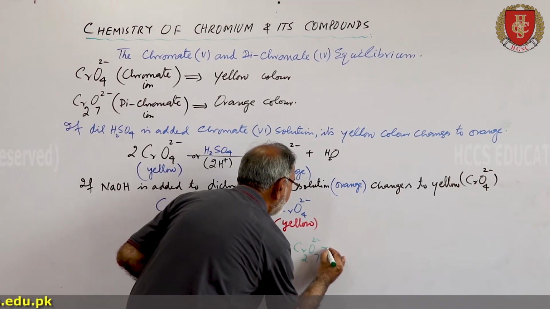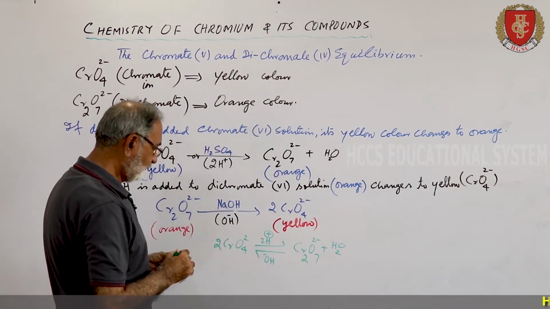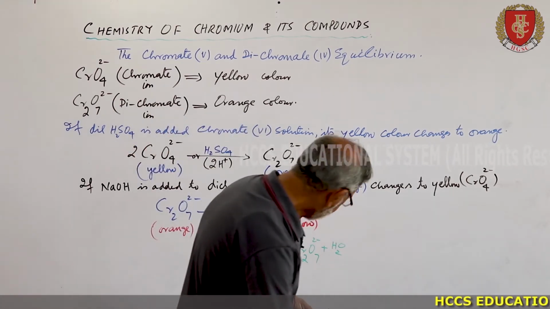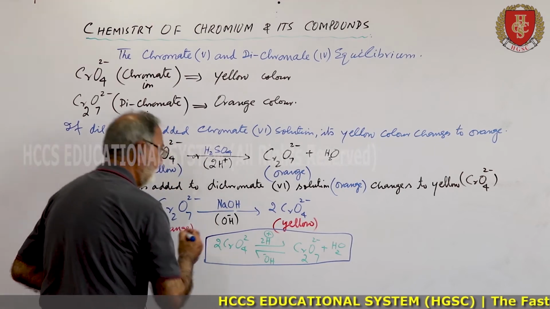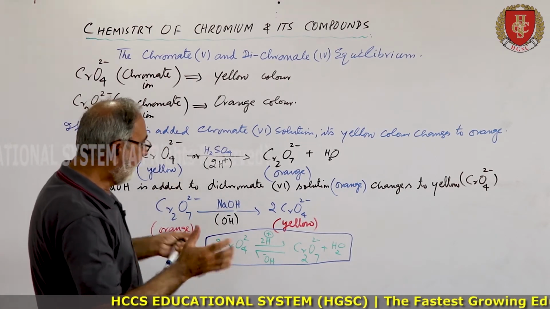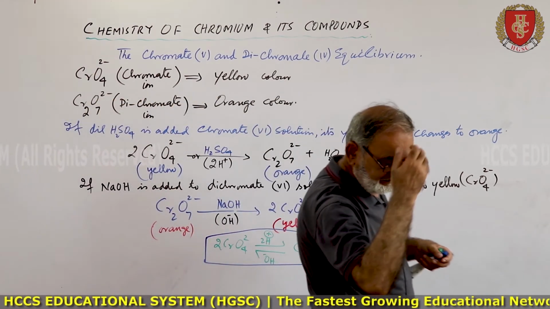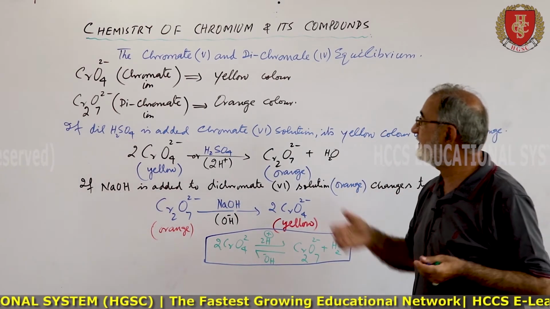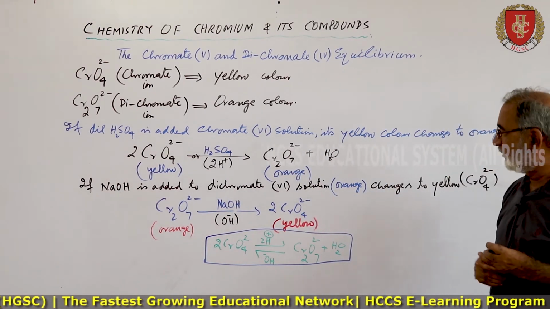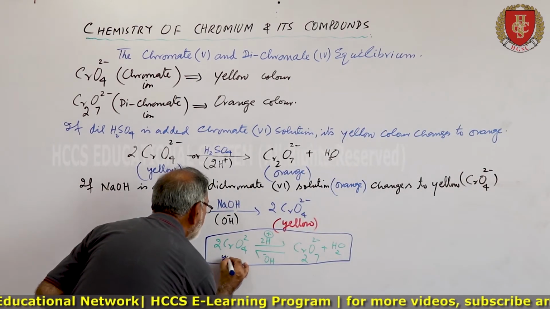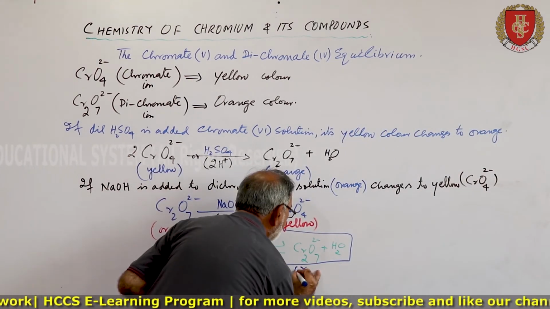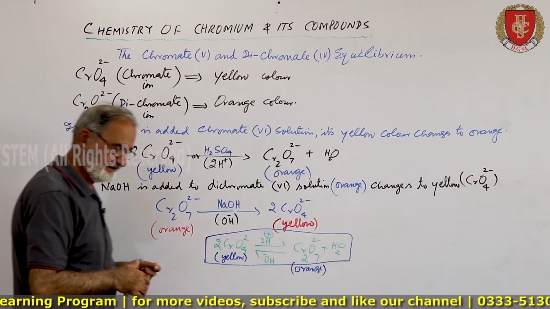This is in fact the representation of an equilibrium, showing how we can interconvert them. This is yellow and this is orange in color.